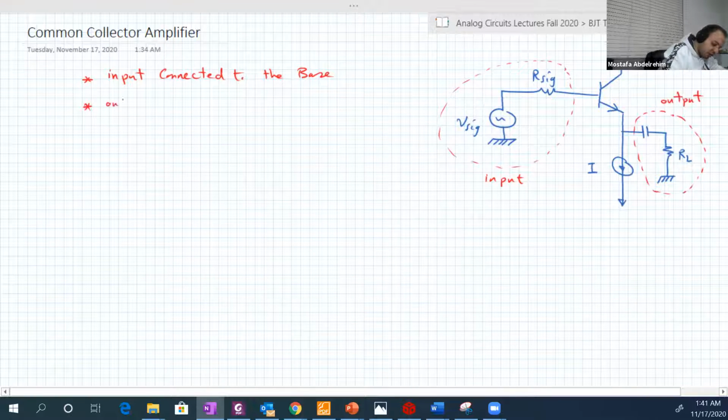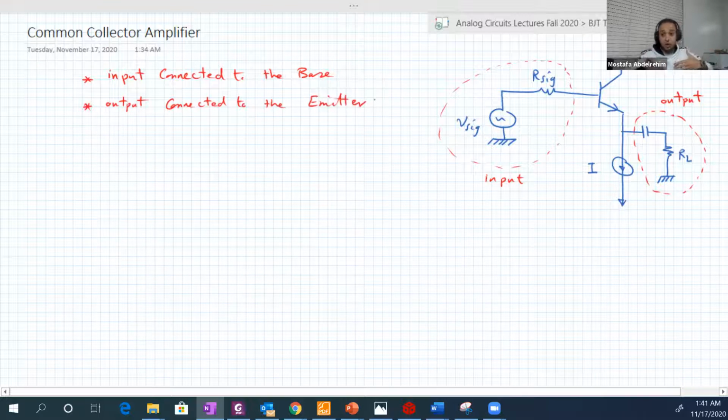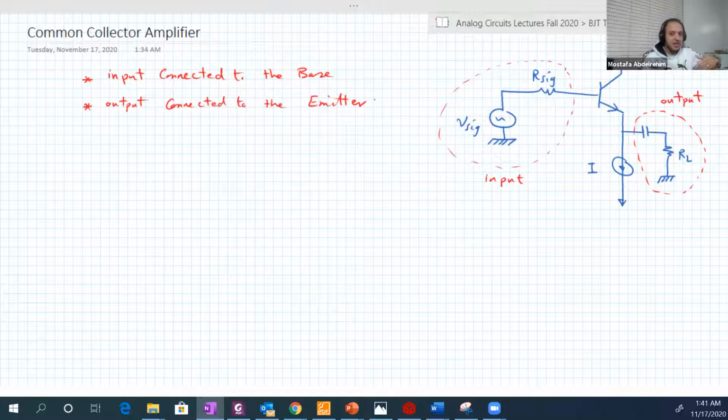And since the collector has no input or output connected to it, it's common for us. This circuit has also another name, and by the way, this is the most famous name rather than common collector amplifier.